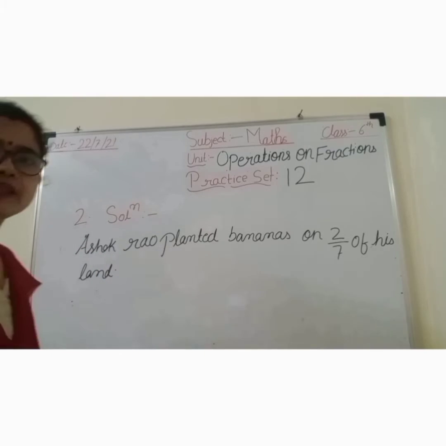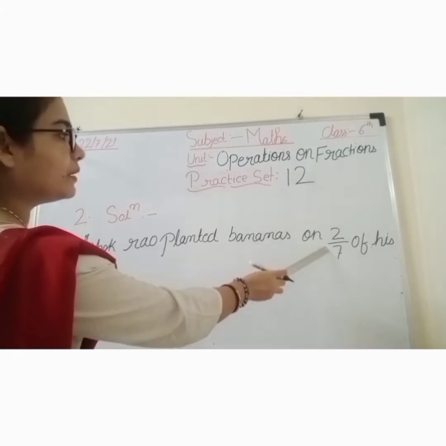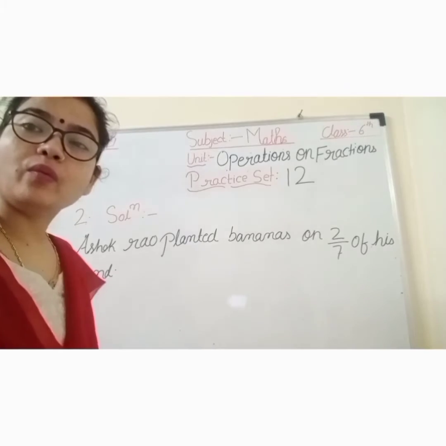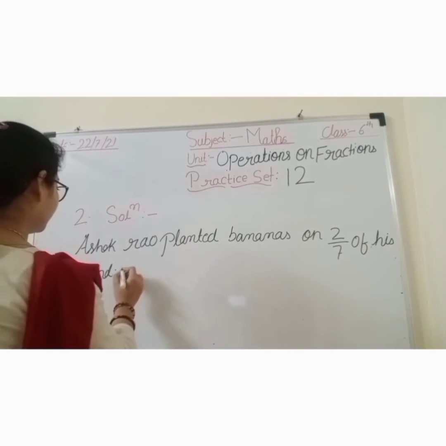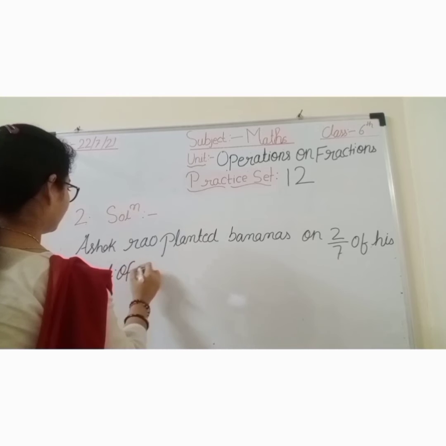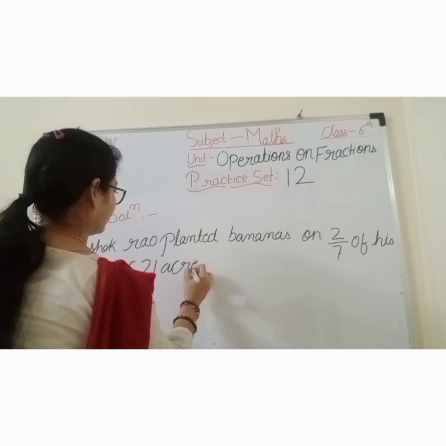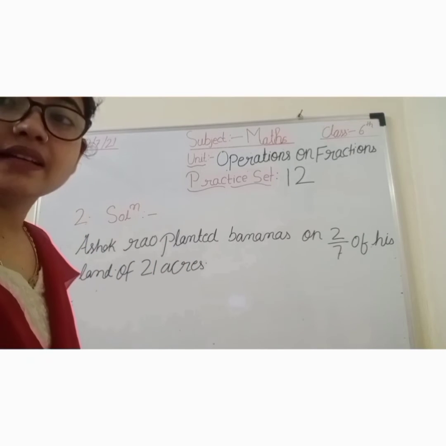What I have written here, student? Ashok Rao planted bananas on 2 by 7 of his land. What is his land? That is 21 acre. So, the area under banana they are asking.